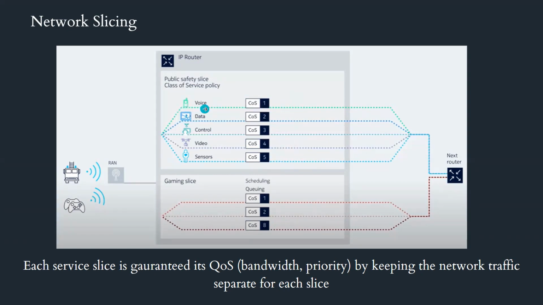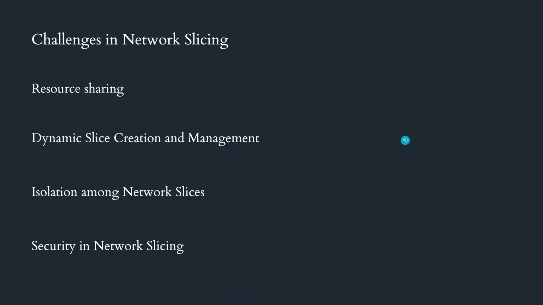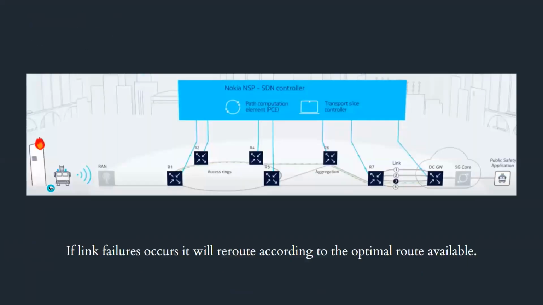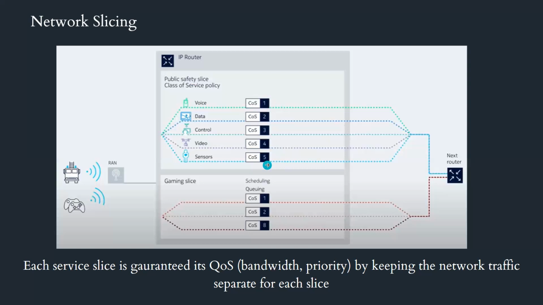Here, voice has the class of service level 1, which means that once we receive a requirement from the voice service, if a person is using the voice service, they should be given priority over the others. So the priority can be defined using these class of service levels.